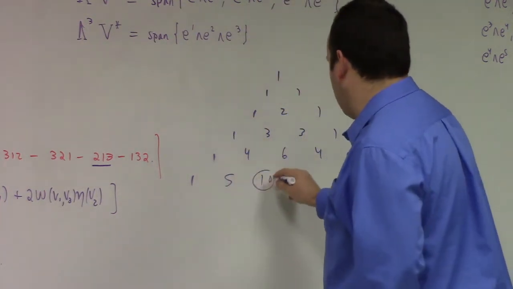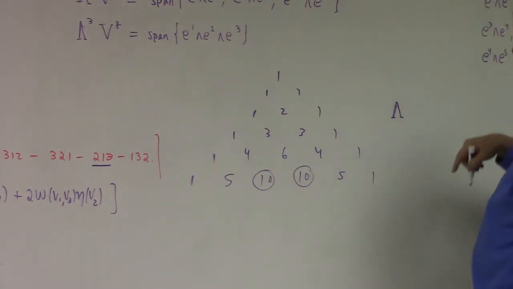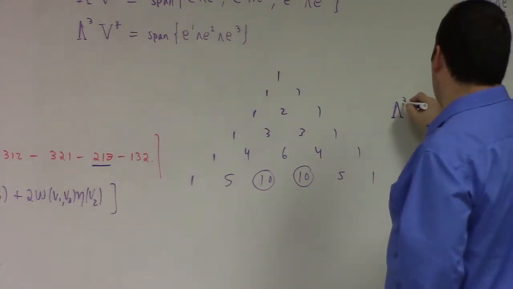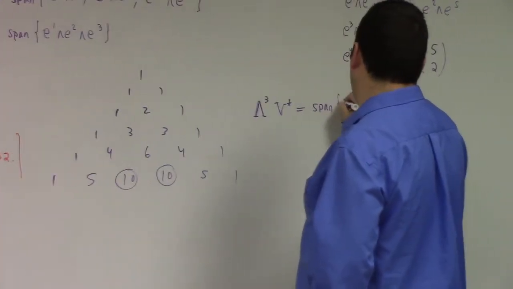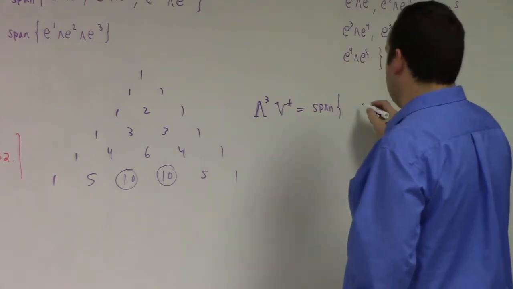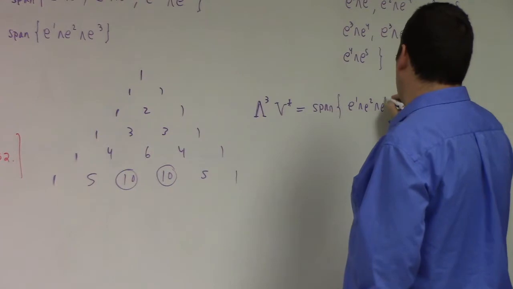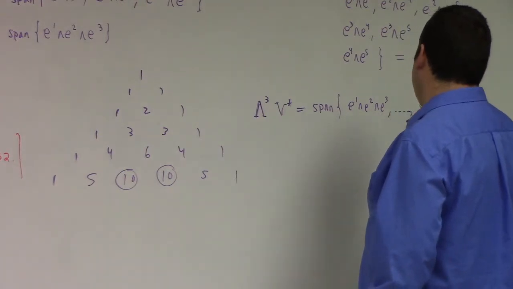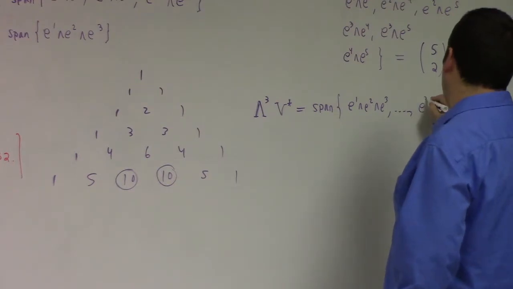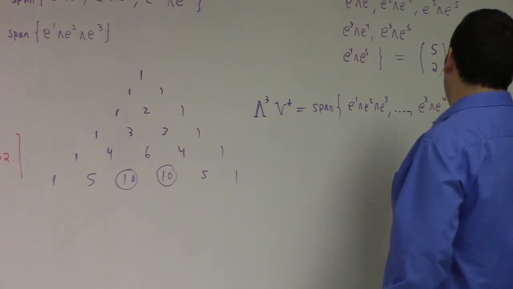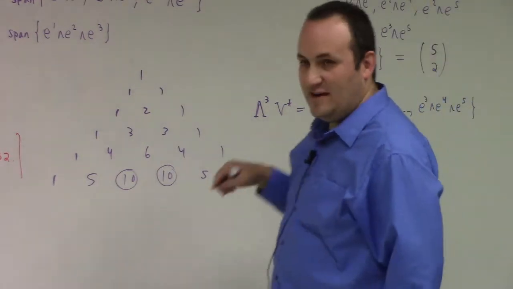You can see that there's a symmetry here between choose 2 and choose 3. So in fact, lambda 3 V dual would be the span of E1 wedge E2 wedge E3, E2 wedge E3 wedge E4, E3 wedge E4 wedge E5. I don't want to write them all out if you don't mind. These are both 10-dimensional spaces.